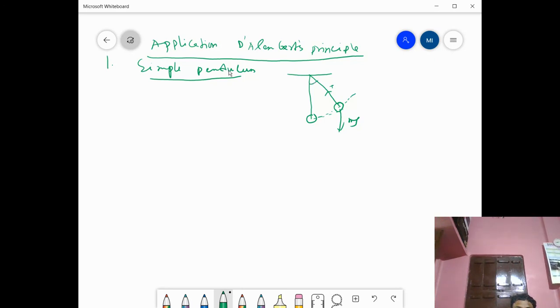Suppose this angle is theta, right? Then how can you apply D'Alembert's principle to find the equation of motion of a simple pendulum?